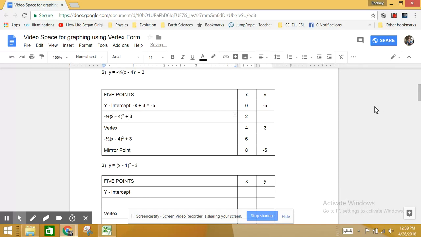So we're using 2, and on this one, we'll replace it with 6, and we just solve what we've got. So 2 minus 4 is going to be negative 2. And the negative 2 squared is going to be positive 4.